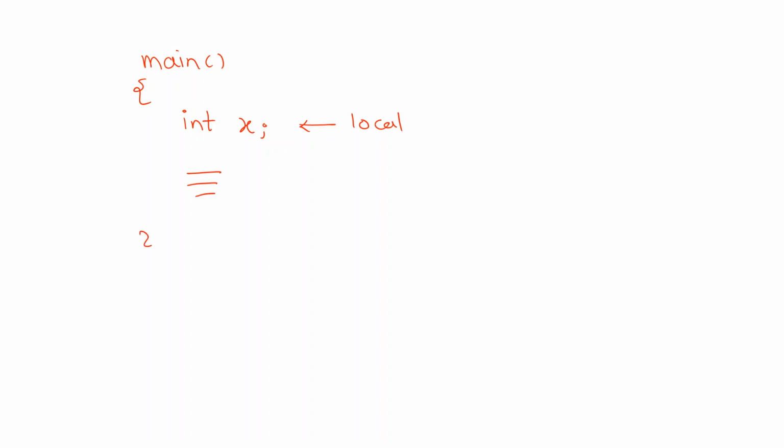We cannot access the local variable of function main inside any other function. That means we cannot access the x over here. Then we pass this x as a parameter to any function. So this is a quick revision about the parameter.